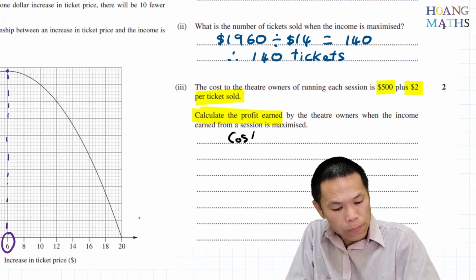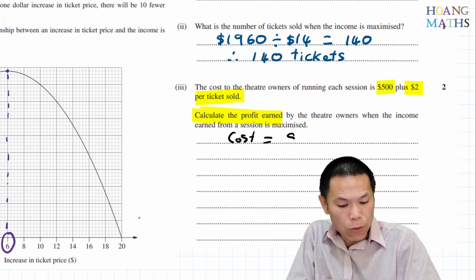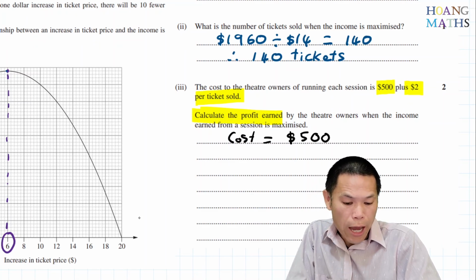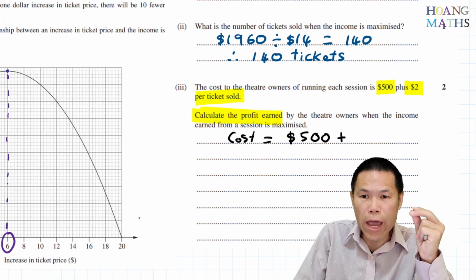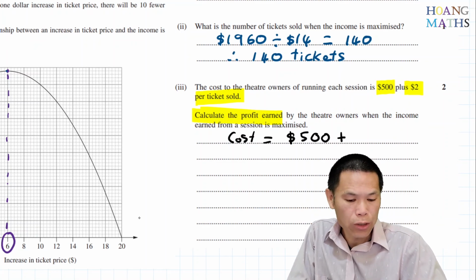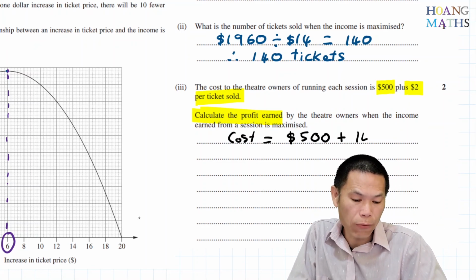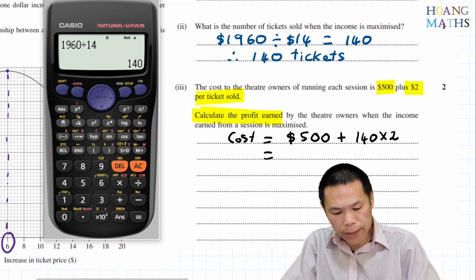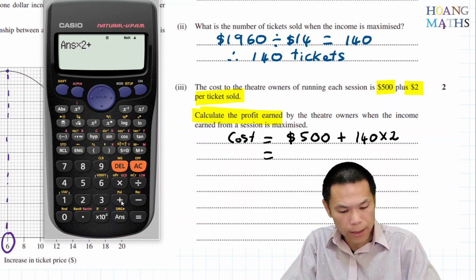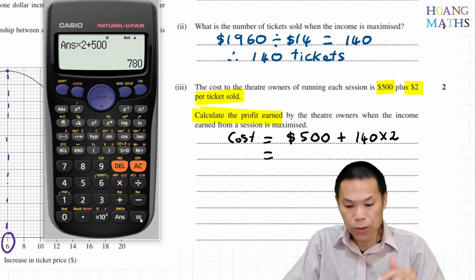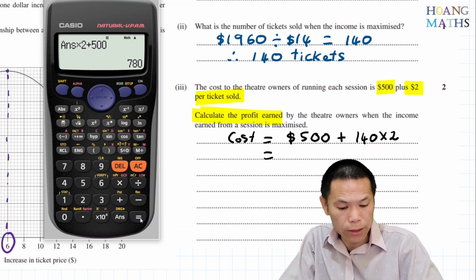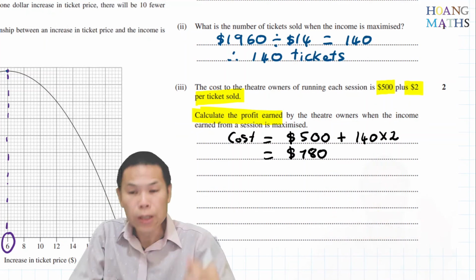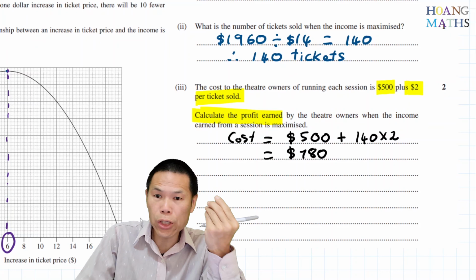The cost is $500, and we add $2 for every ticket sold. We sold 140 tickets and we times by 2. So I just go answer times 2 plus 500. So $780. That is the cost for running each session.